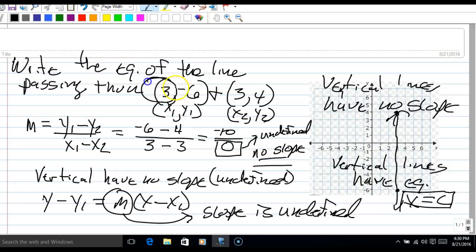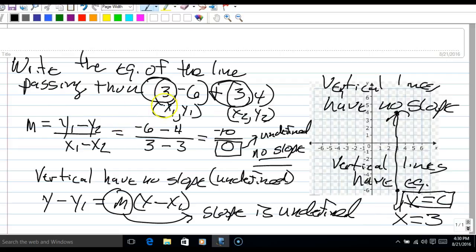Notice that in each case x is equal to 3. X is a constant. It doesn't vary. X is always going to be equal to 3. So the equation of a vertical line is x equal to some constant. Look at the two x coordinates. They are the same. So you know that x is equal to 3.